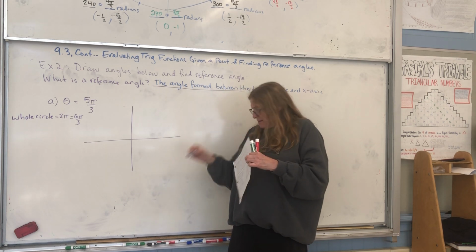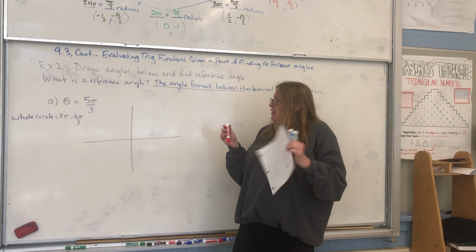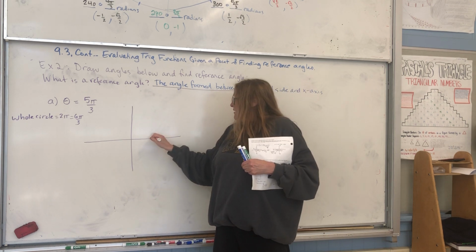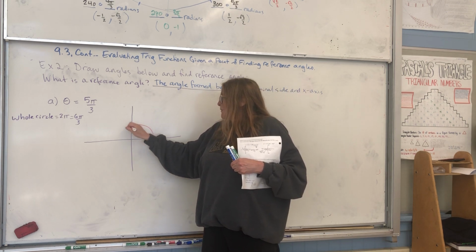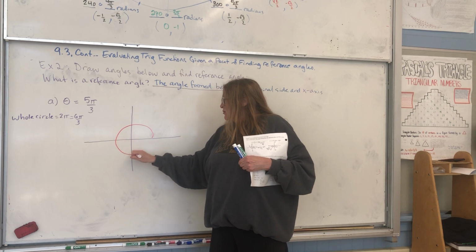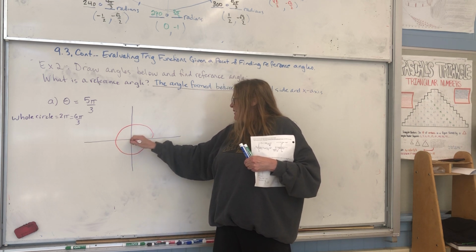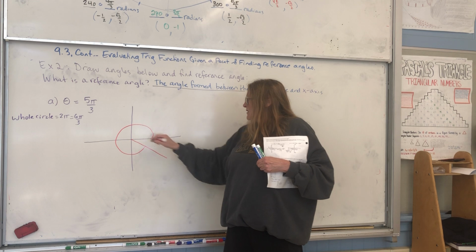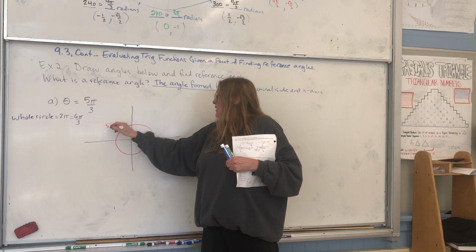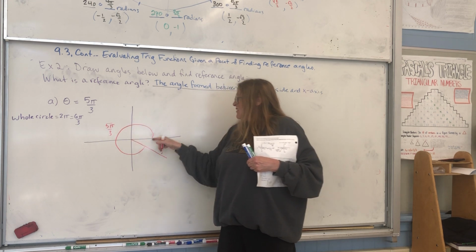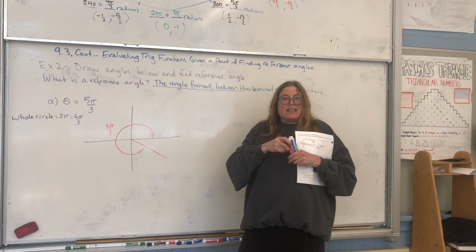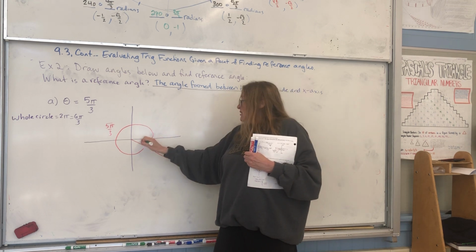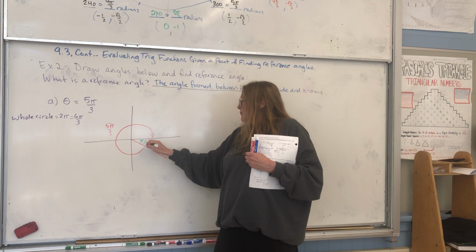Let me do it in red. And I'm going to go around here. And if the whole circle is 6 pi over 3, this whole thing out here is 5 pi over 3. How much is left here to get to 6 pi over 3? Well, just a single pi over 3.